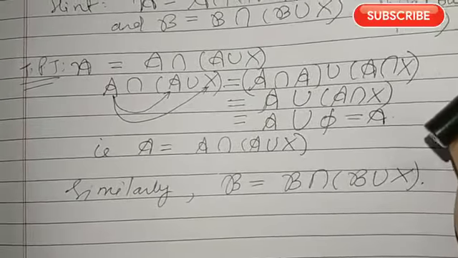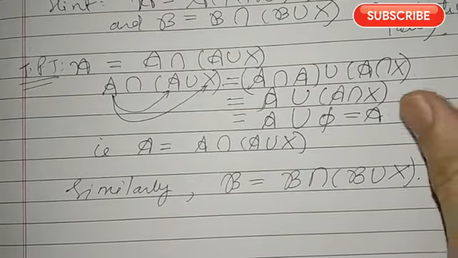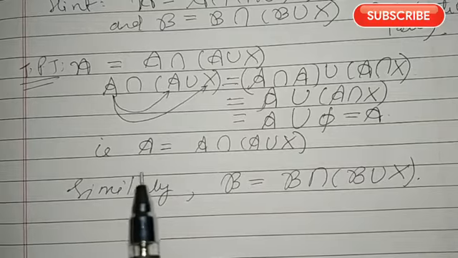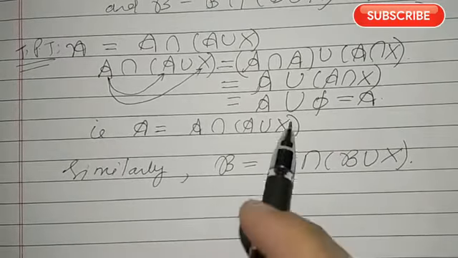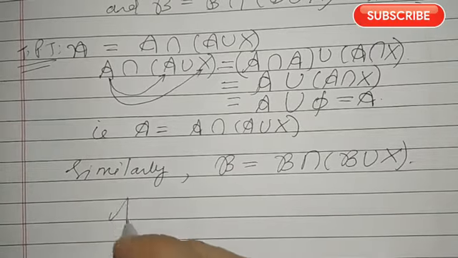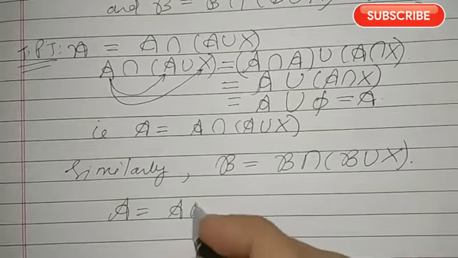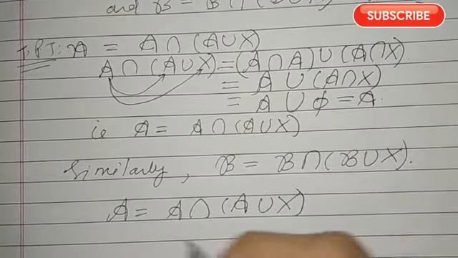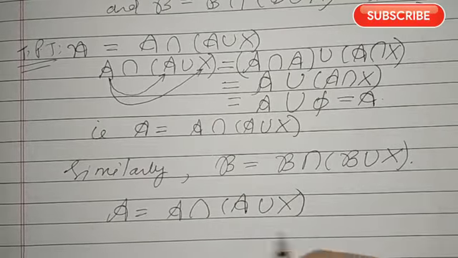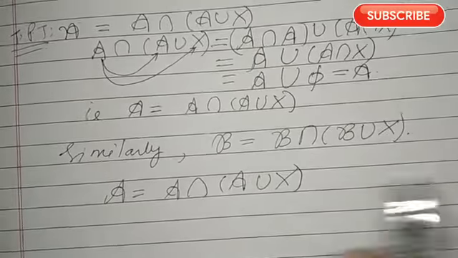Now how to do it? If you take this first, that is A is equal to A intersection (A union X), there is no problem now because we have already proved that this is true. So now we can work with this.